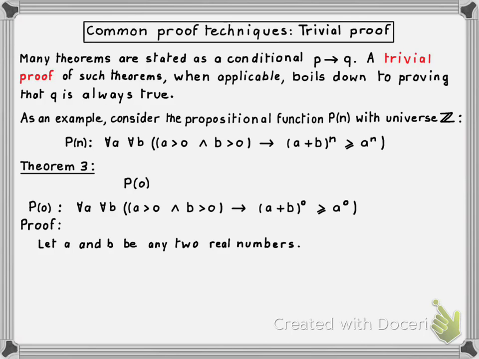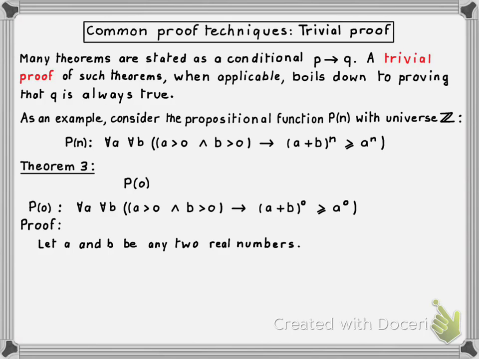Now usually we use a bar over the name of the variables to remember that what we're dealing with is a specific value, but one that we don't know anything about, that we chose arbitrarily. So from now on, I'm going to probably drop the bar over the variables as is typically done in mathematical proofs. But just remember, A and B from now on are two arbitrary real numbers.